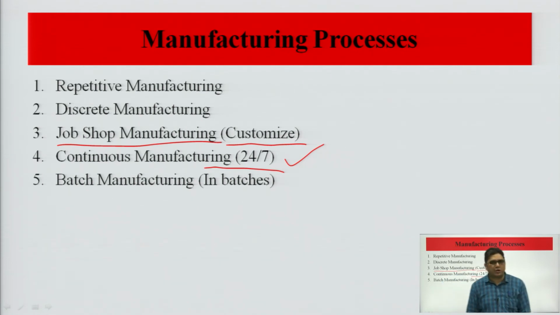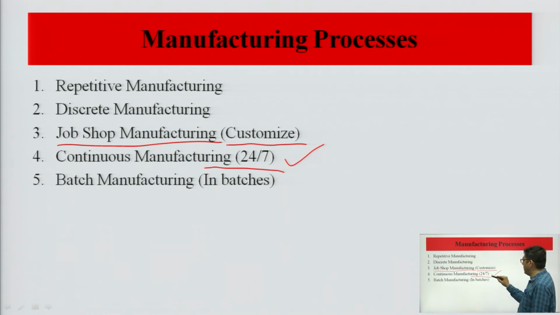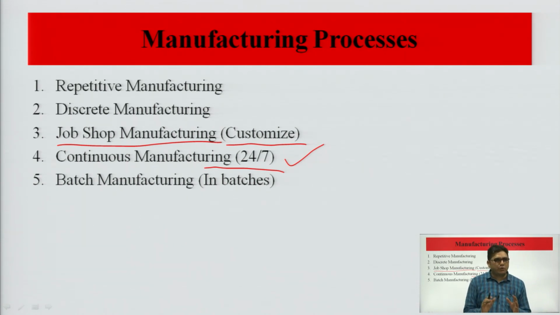Continuous manufacturing: here the manufacturing process will be 24/7, but with liquids. Batch manufacturing: we are going to produce in small quantities or small batches, and once one batch is completed, we clean our equipment, process and machinery, and when the next order comes, we will start manufacturing. So, it will not be continuous, rather it will be in batches.